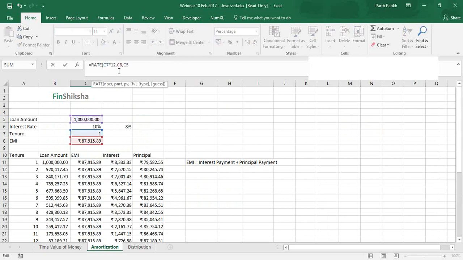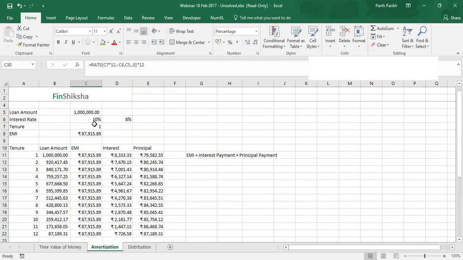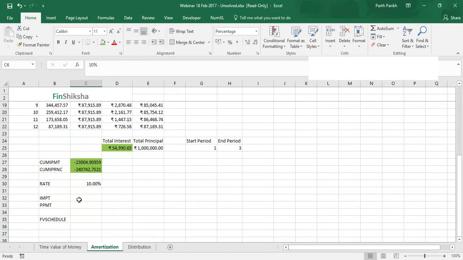I have to make this negative, and again there is no future value as such, and payment at the end of the period. It says 0.83 per month because we have taken it in terms of per month. So we usually multiply this by 12 to get per year interest, which is the same as 10%.